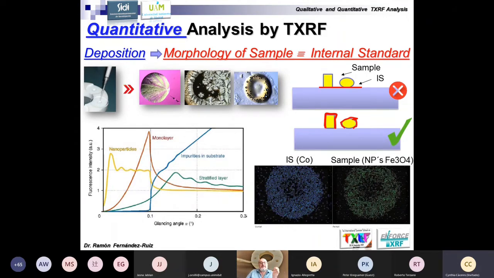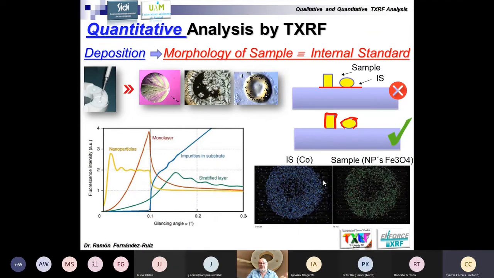This question is that this inhomogeneity solely complies for the sample and for the internal standard. If this inhomogeneity does not comply for both simultaneously, we can have a problem. Okay, this is the idea that I would like to transfer to you.